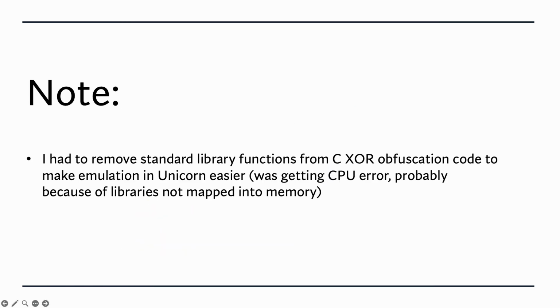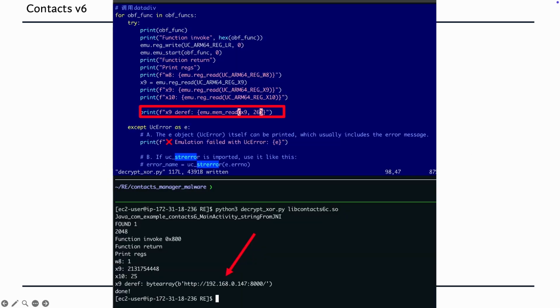You can use Unicorn to emulate this and run everything, but if you try to jump to a printf standard library call, it's not going to work, so you had to remove those. And here's me modifying the ArmorRS deobfuscation script to work for my custom XOR.